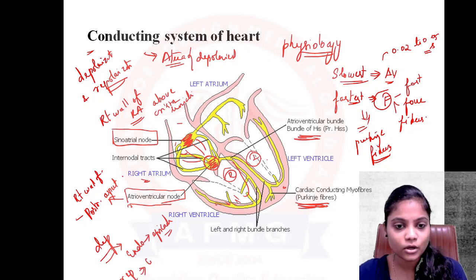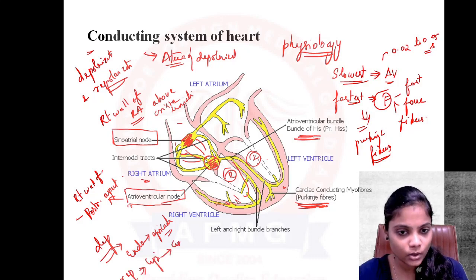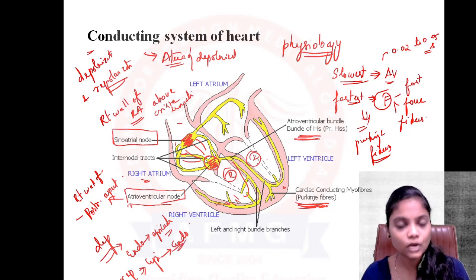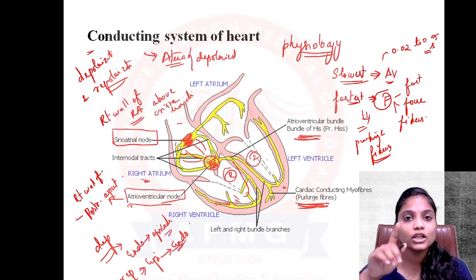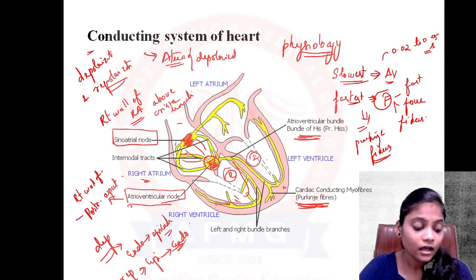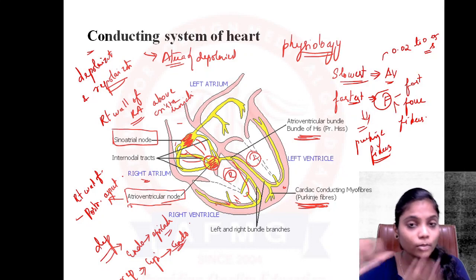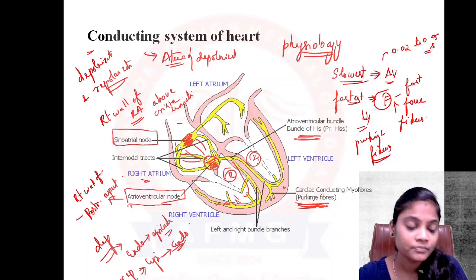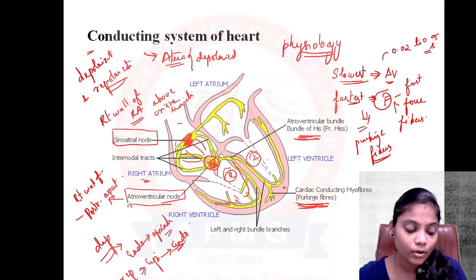Repolarization will be from epicardium to endocardium, vice versa. So always remember, in atria and both ventricles, the first thing getting depolarized is your atria. The atrial depolarization is very important.